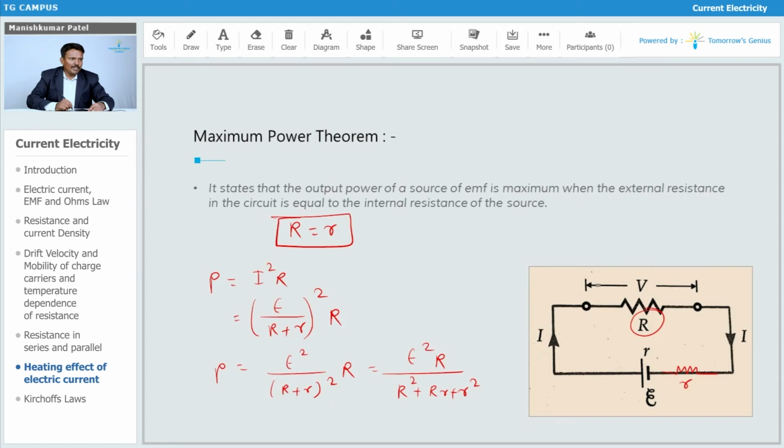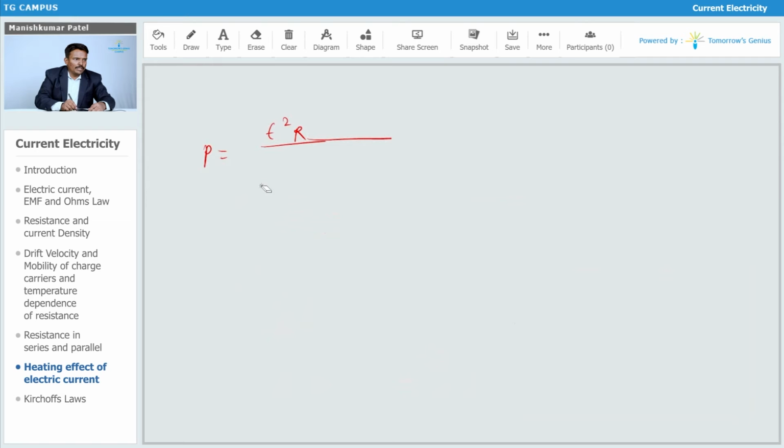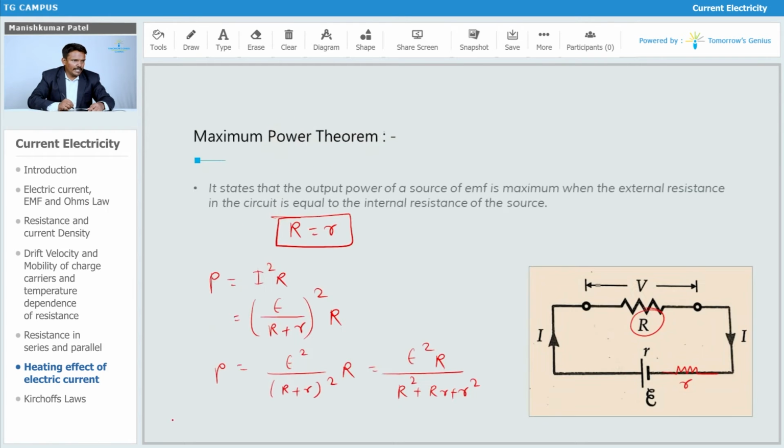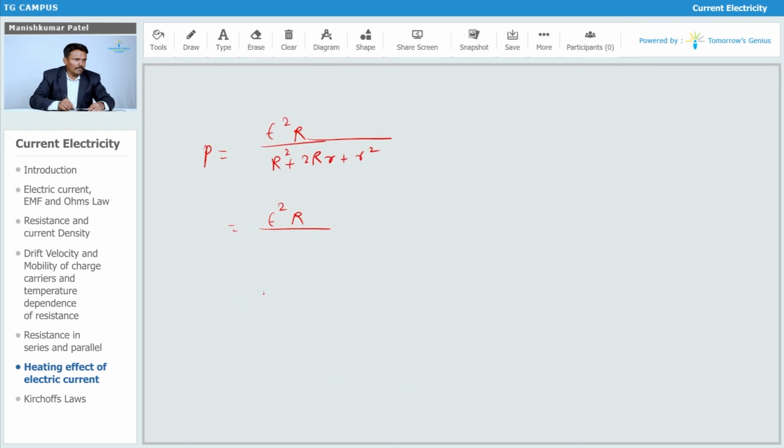Now we simplify it further. We can do it in one more way: E square into R over (R minus r) whole square plus 4Rr.